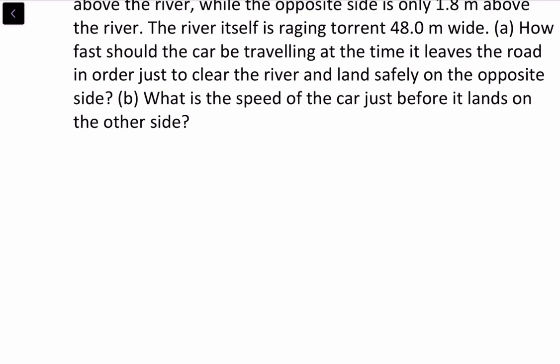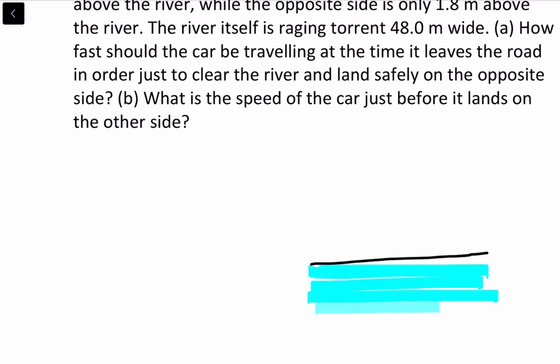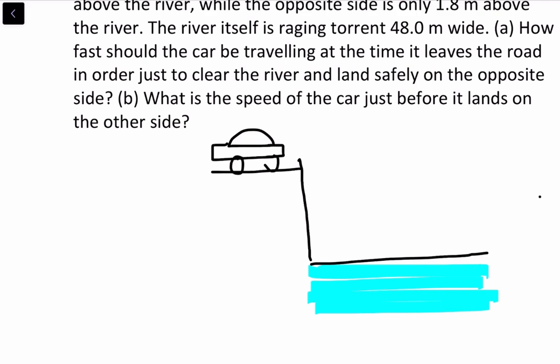So what exactly is given? There is a river on which the bridge is washed out because of floods. So let us say this is the river and here is the water below. Above the river level at a certain height our car is here, and it wants to go to the other side.